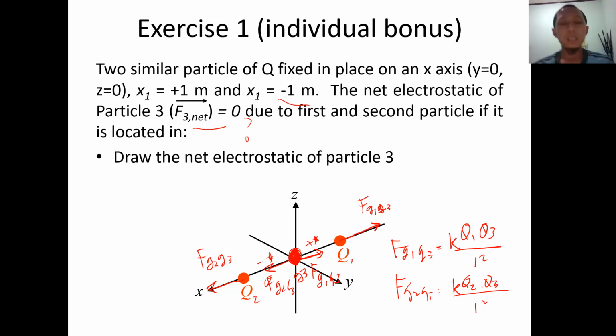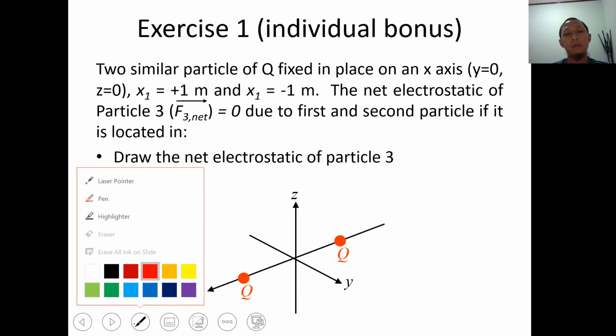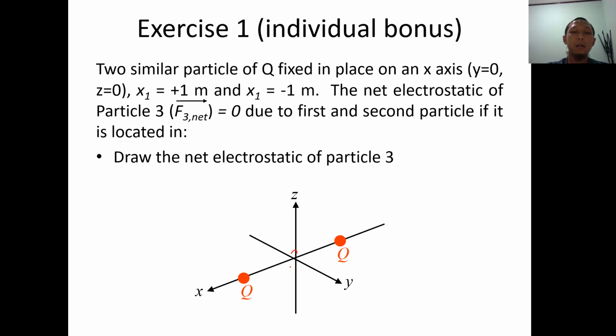But if we change it to negative, if we put the charge Q3 here, and Q3 is negative, the force on Q3 because of particle 1 must be like this one. It will attract each other also.